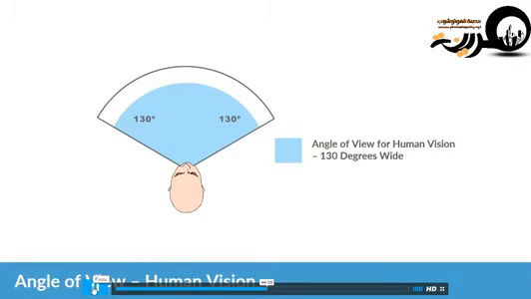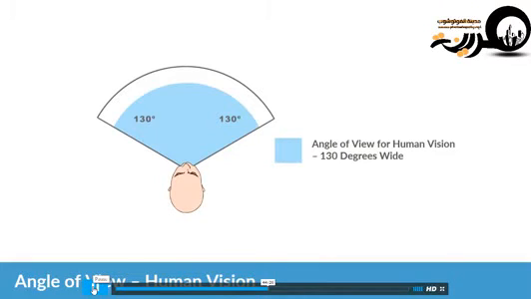While we have a sense of our peripheral vision, it's not clear and it's not in focus. It's actually a survival instinct. It was something that we developed as people so that we could be aware of what's going on around us, but without actually being in focus on it.